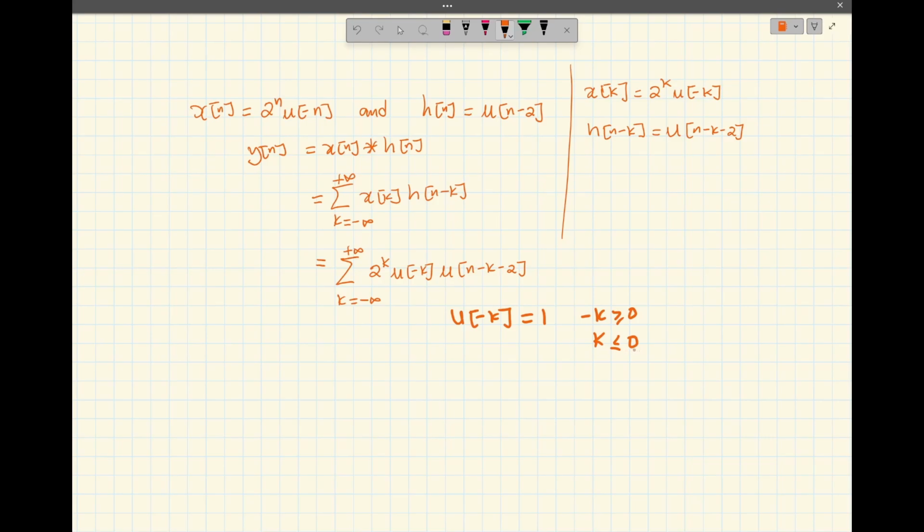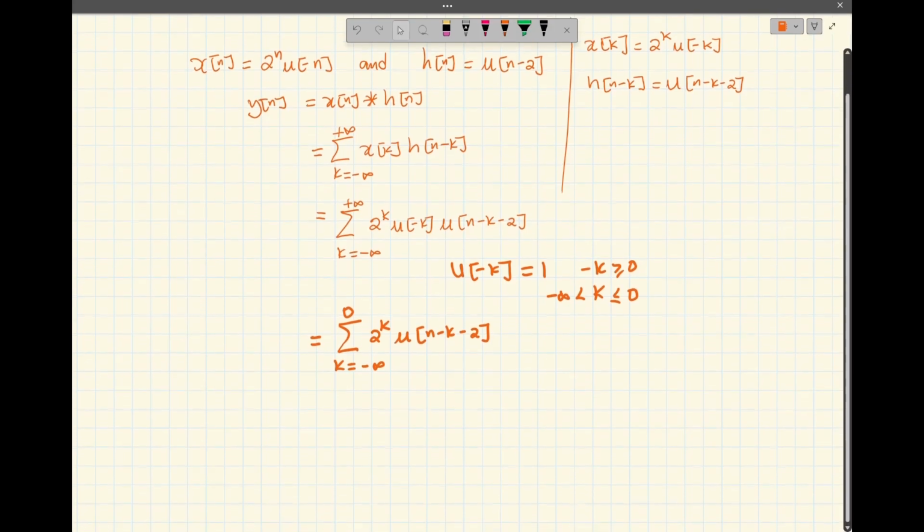So the summation goes from negative infinity to 0, because k must be a negative number or equal to 0. So k from negative infinity to 0, 2 to the k u of n minus k minus 2.